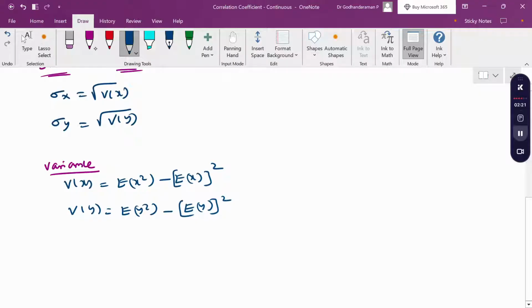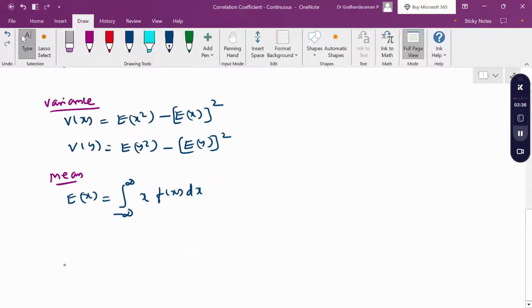Now to calculate the means: E of x is the integral from minus infinity to plus infinity of x into f of x dx. Then expectation of y is the integral from minus infinity to plus infinity of y into f of y dy.